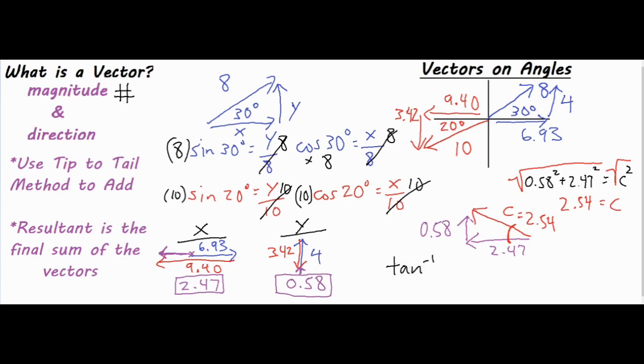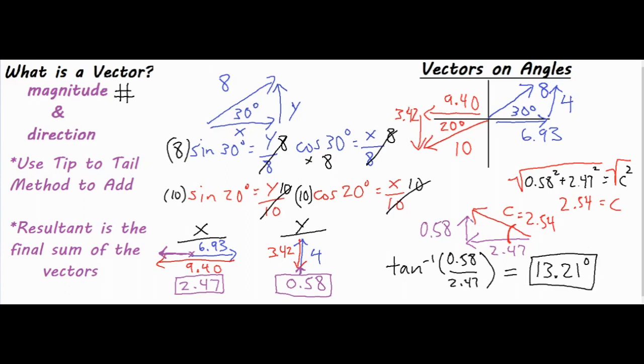Okay, but any of those three would work. Okay, so tangent is the TOA for our SOHCAHTOA, which is opposite over adjacent. And when you do the inverse tangent of that fraction, you get 13.21 degrees.